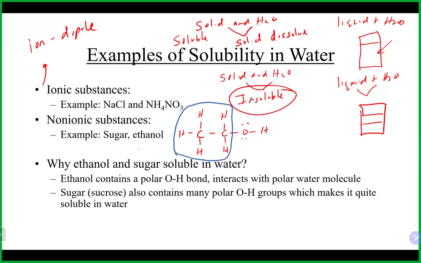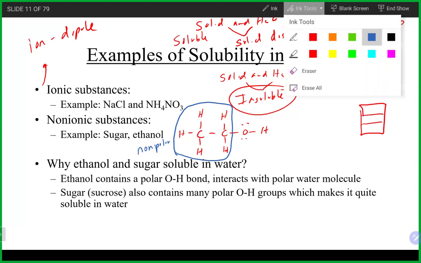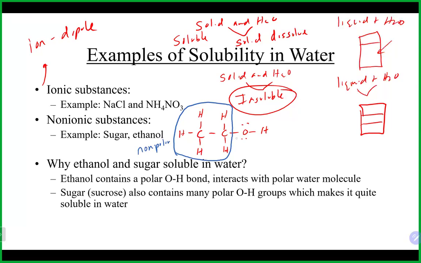So this part of ethanol's molecule is really nonpolar. But what allows it to really be sort of soluble with water is the fact that in the front end here, it does have this bond right here, which is really a polar bond. And the oxygen here is more negative, the hydrogen is more positive here.